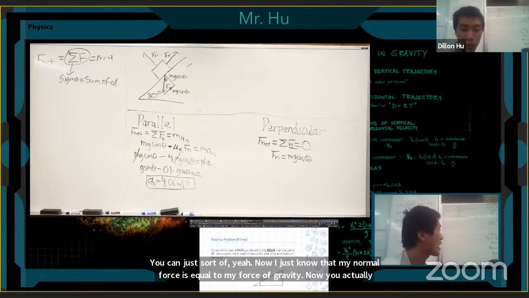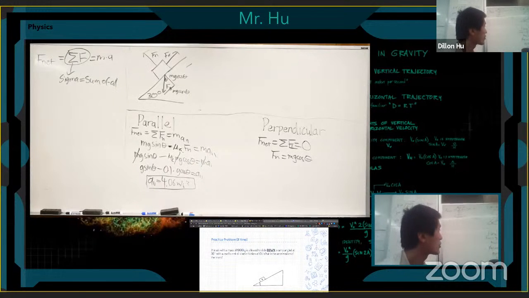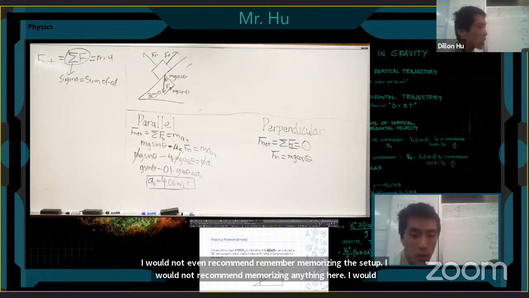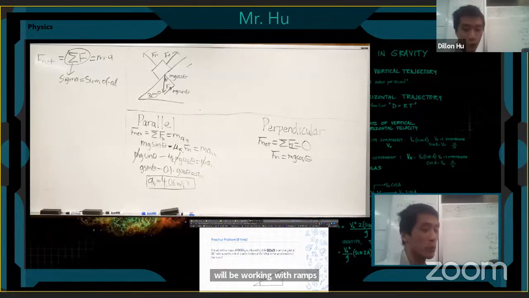Because sometimes we will be working with ramps, and sometimes instead of ramps, the forces will just be directed at an angle, and that's something you should also consider. I would just remember how important it is to break down forces into parallel and perpendicular components using trigonometry, and then solving for the forces one at a time.